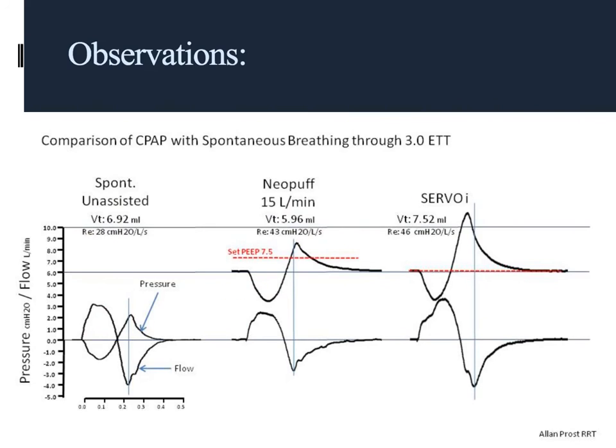Now, let's compare that to the servo-I. So we have a spontaneously breathing patient, and we can see the amount of work being generated is almost the same. The duration of negative pressures required to get the breath is somewhat limited in the servo-I. And I've looked at this a couple of times and have noted that there's this difference in performance here.